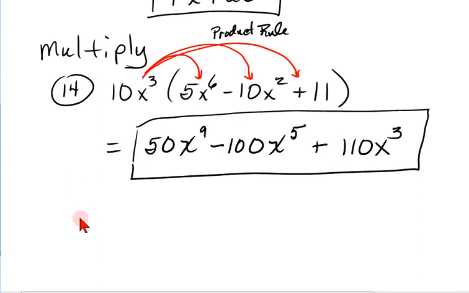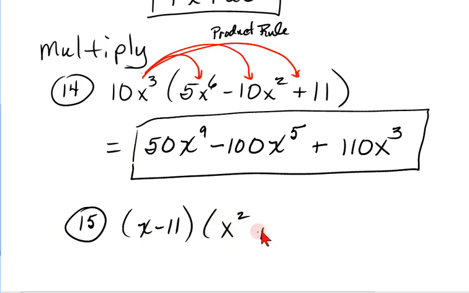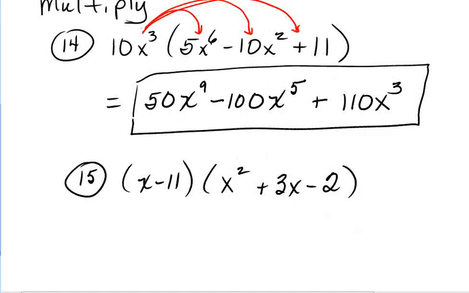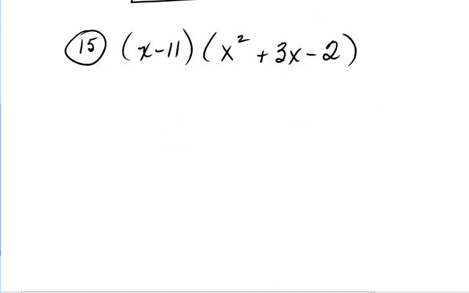All right. 15. I have x minus 11 times x squared plus 3x minus 2. Well, this is a binomial times a trinomial. I'm going to have to use distributive property here, and I've got to do it twice. So the first thing I'll do is distribute the x to every term.